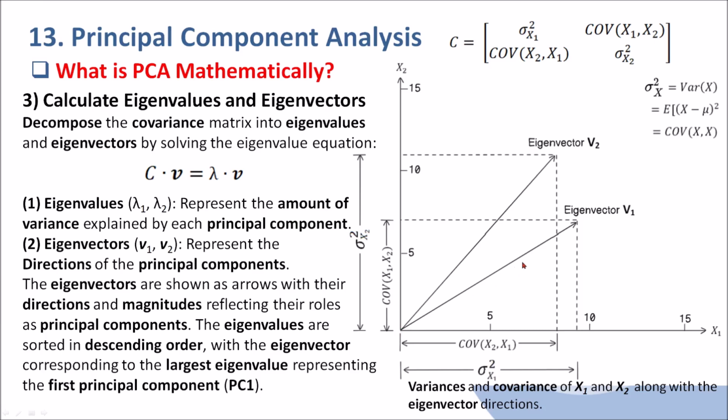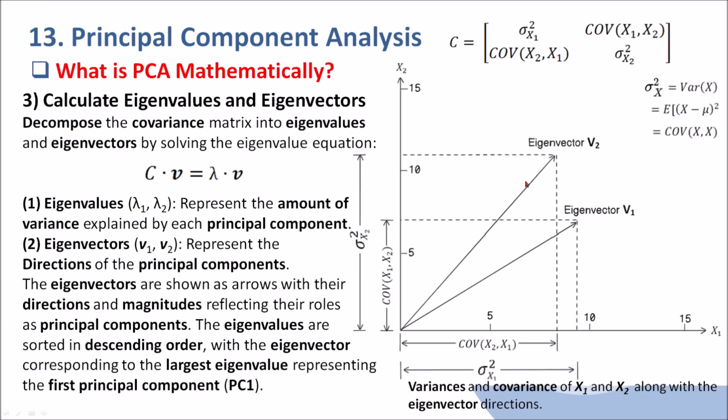The direction of eigenvector 1 is defined by the first variance and the first covariance. Namely, eigenvector 1 is defined by using the first row, namely the variance of the first feature x1, then the covariance between x1 and x2.